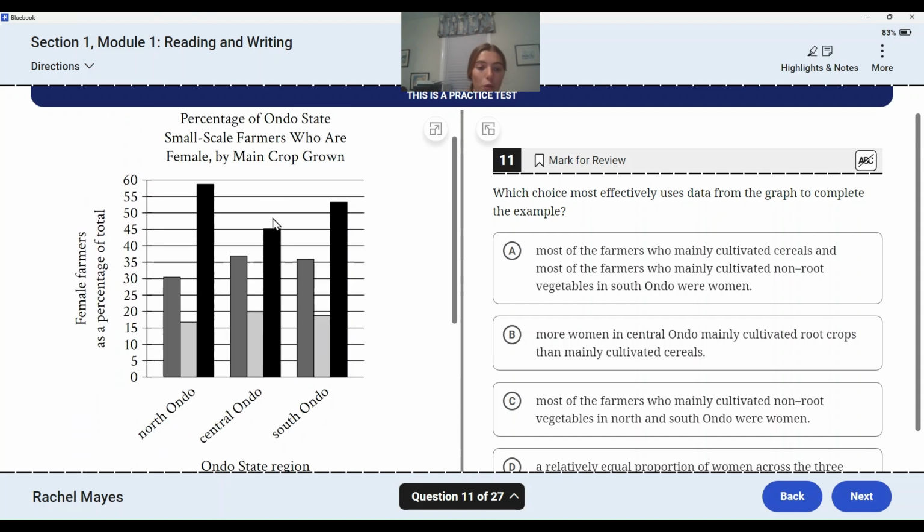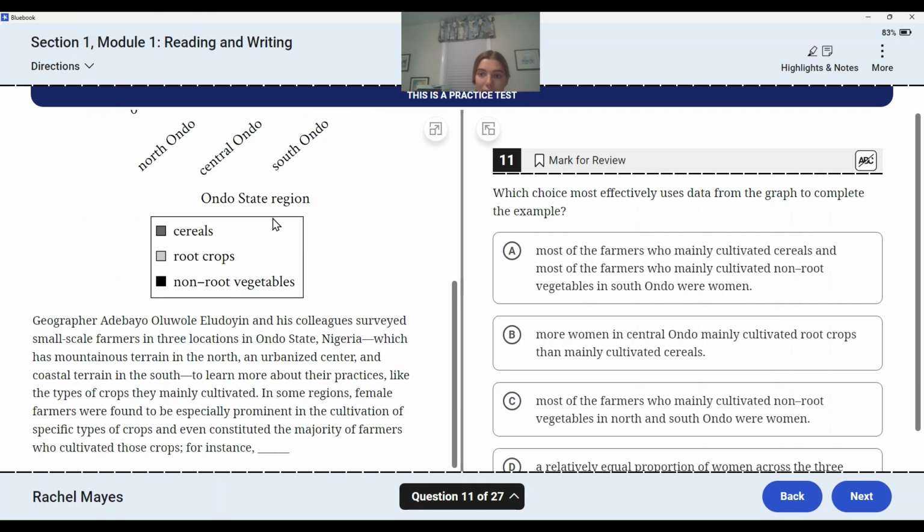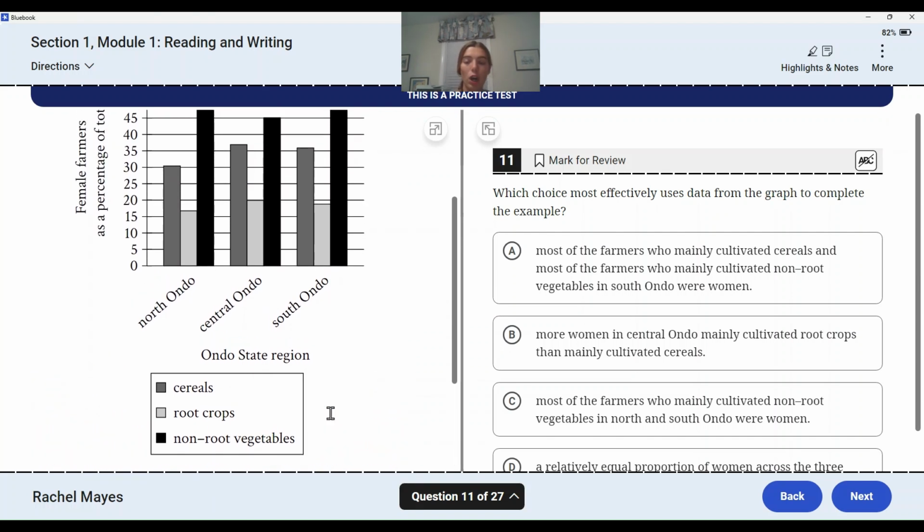So this question is suggesting that females are going to be the majority of farmers who cultivated certain crops. So if we're going to support the hypothesis or the conclusion that the colleagues made, then we need to find a crop where women were the majority of the farmers of that type of crop.